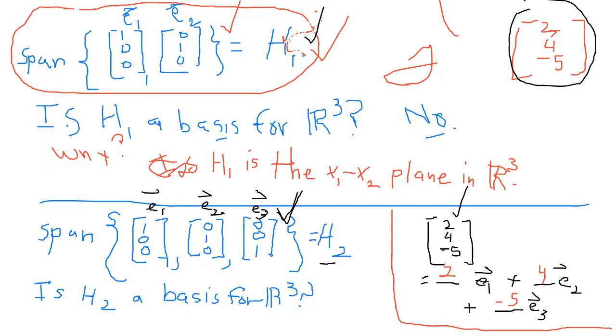So does it seem clear? We did it for one vector, but does it seem clear that any vector in R3 will be in subspace H2, that any vector in R3 can be written as a linear combination of these three vectors, E1, E2, and E3? We know the three vectors are linearly independent.